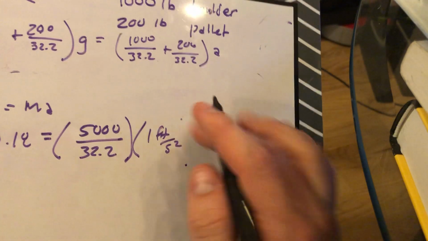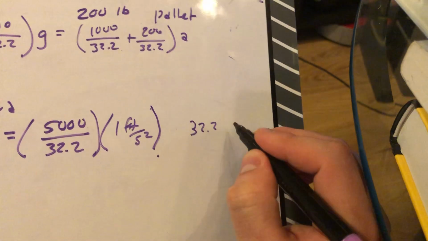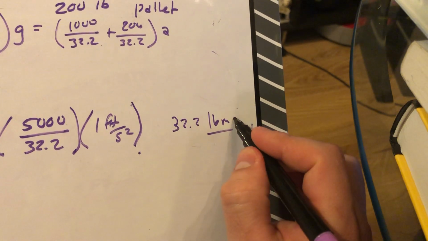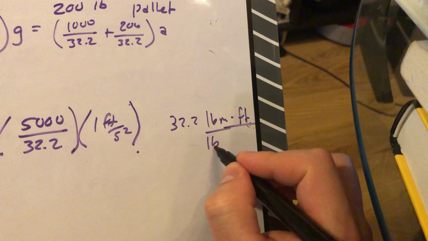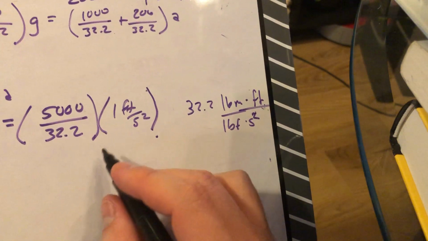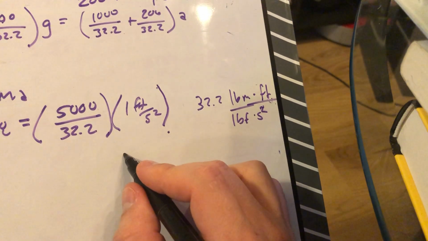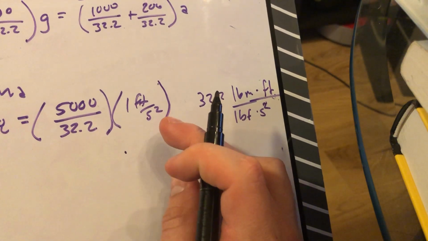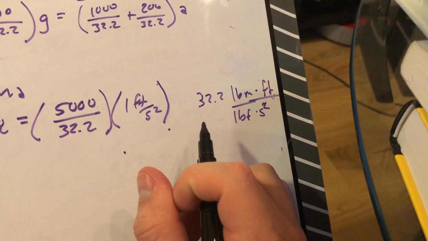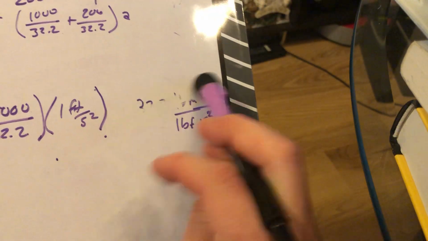Okay, I think I figured it out. Because if we have 32.2, we have a mass in slugs, foot pound force per second squared. What we have here is 5,000 pound force divided by 32.2.